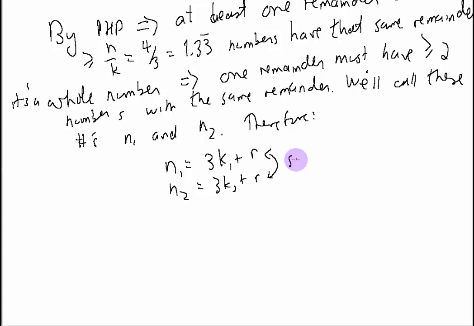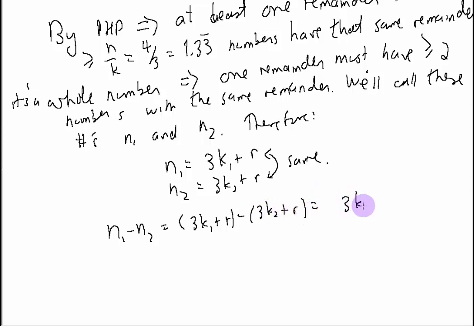They have the same remainder. Then n1 minus n2 equals 3k1 plus r minus (3k2 plus r), which, if you work it out, is 3k1 minus 3k2. That's equal to 3 times (k1 minus k2). And that tells me that n1 minus n2 is divisible by 3.